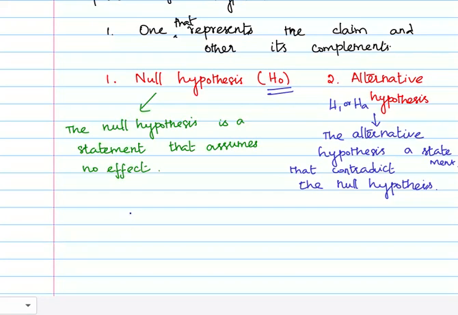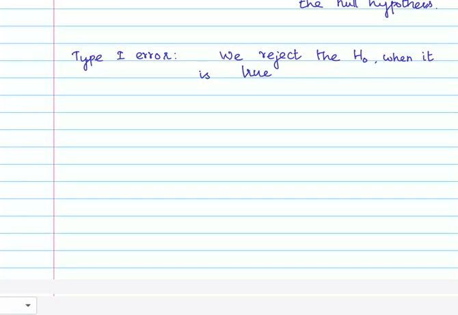Next, what is the type 1 error? When we reject the null hypothesis, that is our H naught, but it is actually true, it is called a type 1 error.